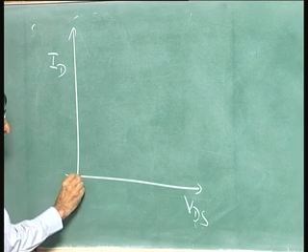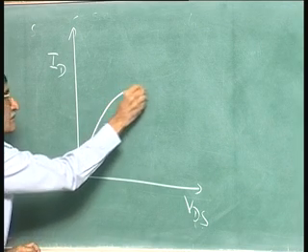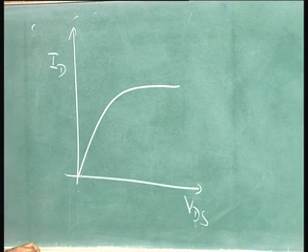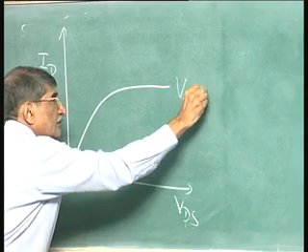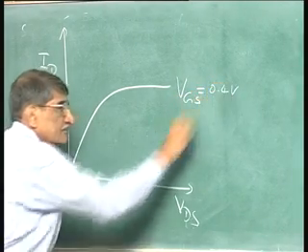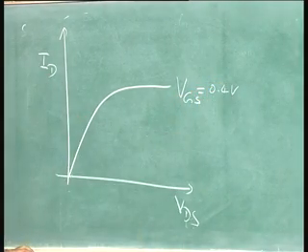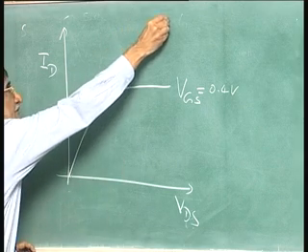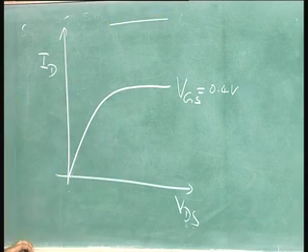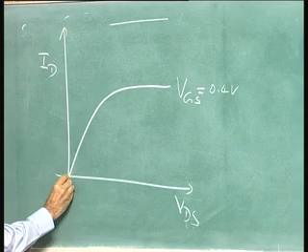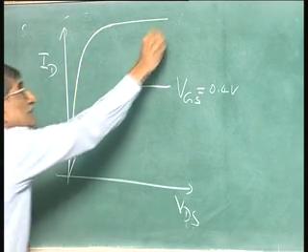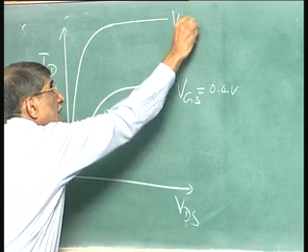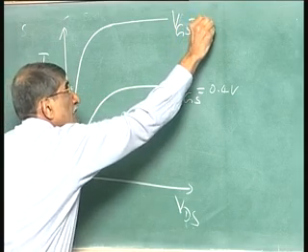At room temperature, you have that characteristic, for VGS equal to say 0.4 volts. For the same VGS, no doubt you get higher current. You also get that sort of characteristic. This is VGS equals 0.4 volts.